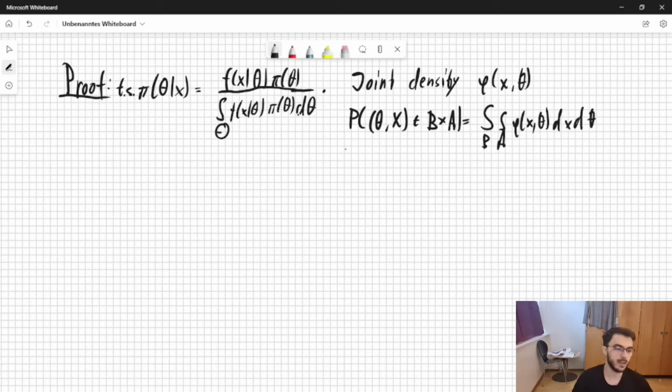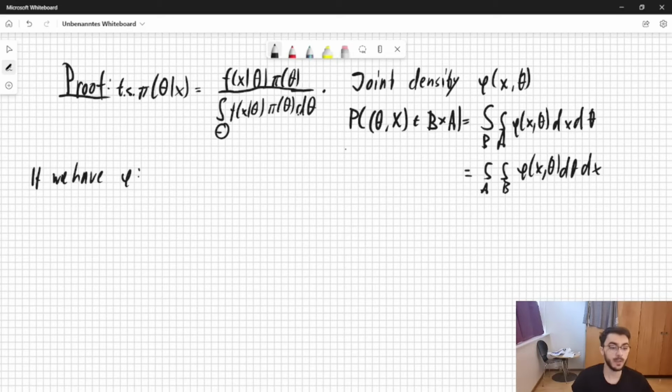And we don't really care about the order, because if we have this density, we can write the marginal probability distributions, the probability that theta is in some set, just as the probability that this joint vector is in this set times the image of x.